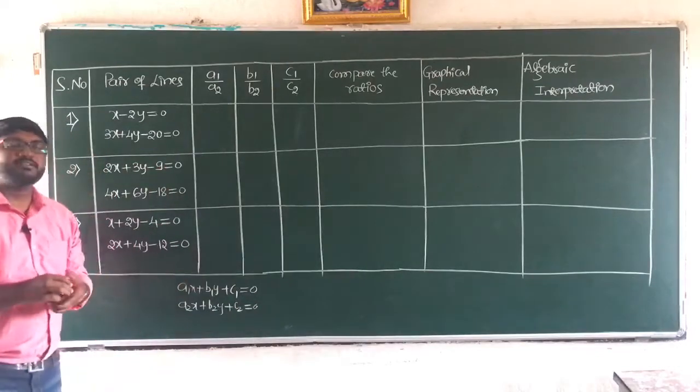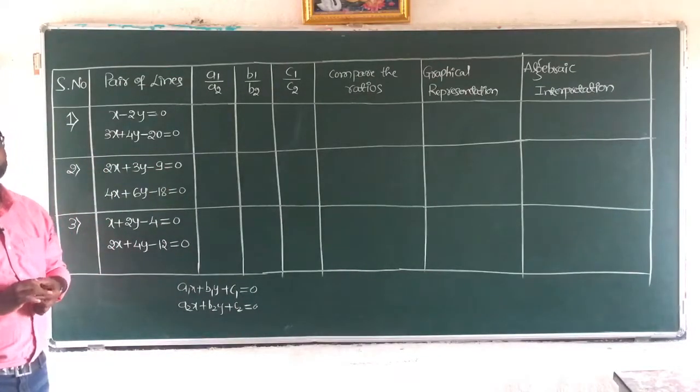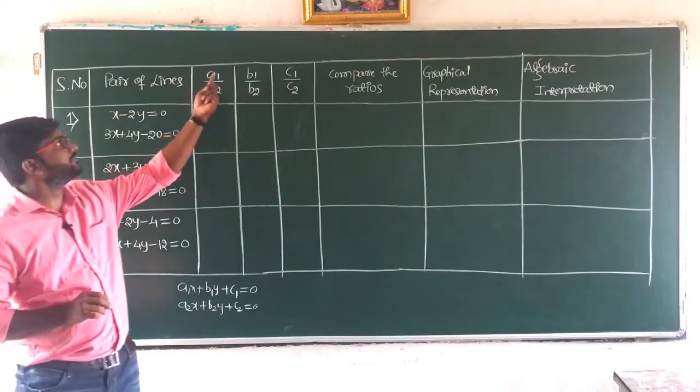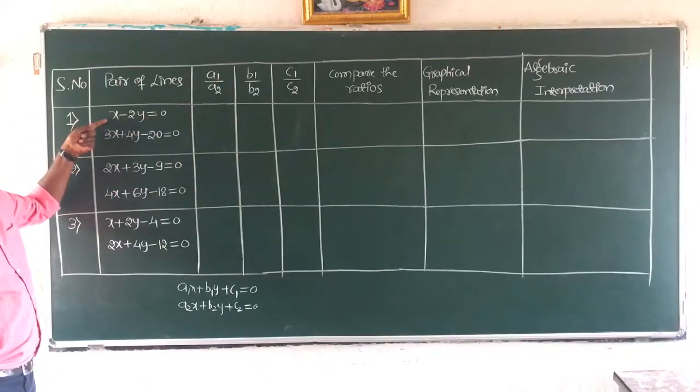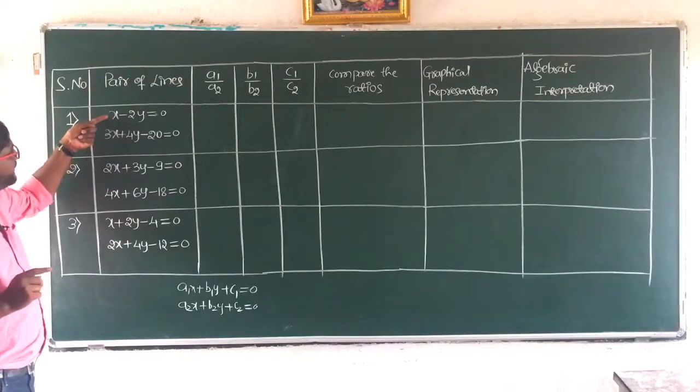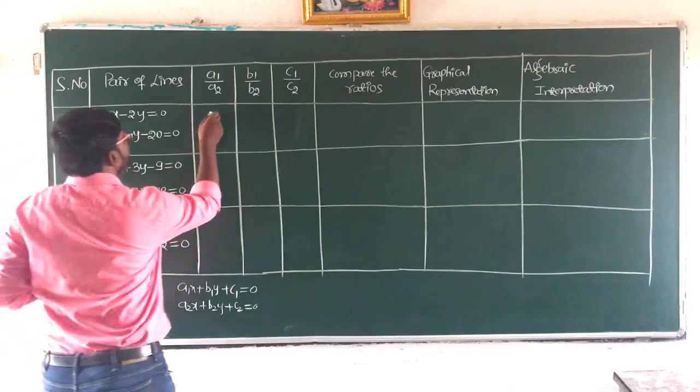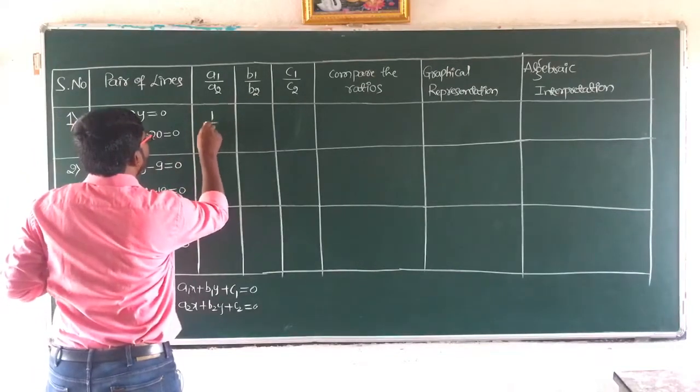So here I will go for a1 by a2. Here a1 value is 1, a2 is 3. So a1 by a2 is 1 by 3.